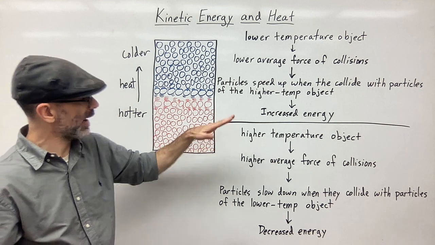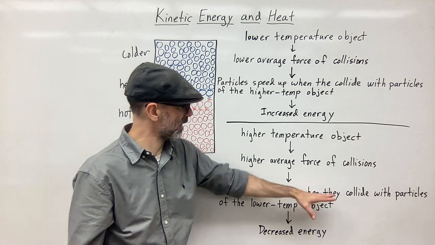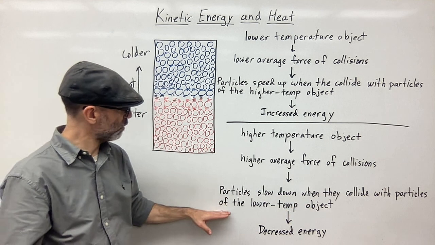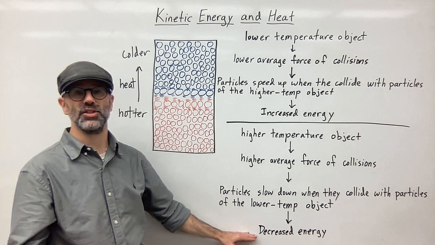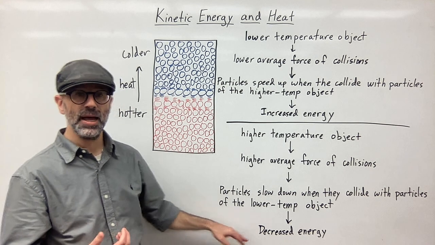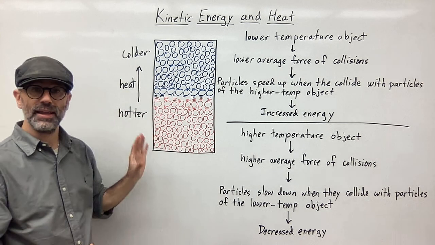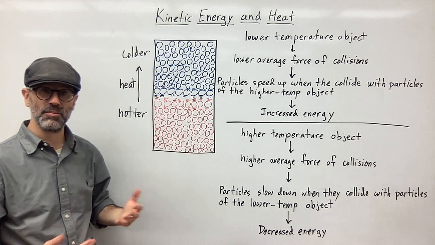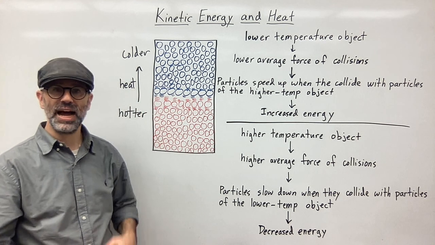So they're going to transfer energy to the colder object. So the particles will slow down when they collide with particles of the lower temperature. And then they're going to have decreased energy, which is going to be decreased temperature. And of course, until the temperatures are equal, and then both objects have the same average internal kinetic energy. And so that's it for this video.